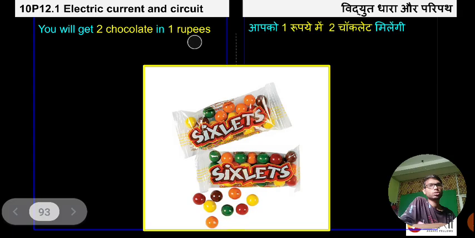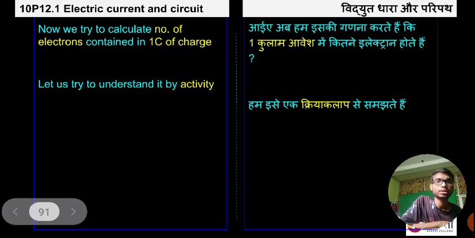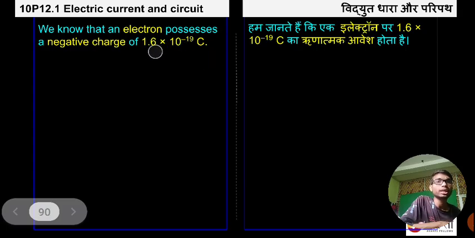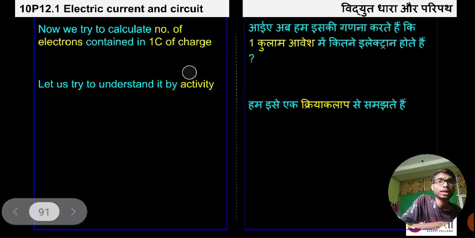Yes. So here we are saying, in 1 coulomb, how many electrons will we get? That is what we are saying here. We are saying that in 1 electron we are getting this much coulomb, but the question here is that in 1 coulomb, how many electrons will we be getting?